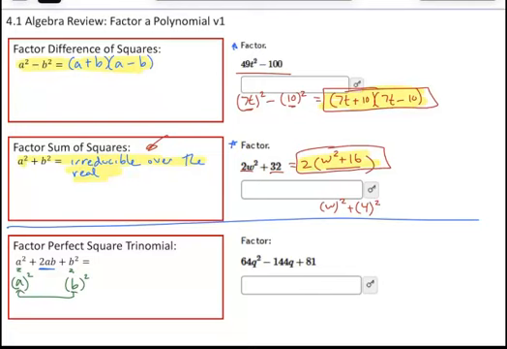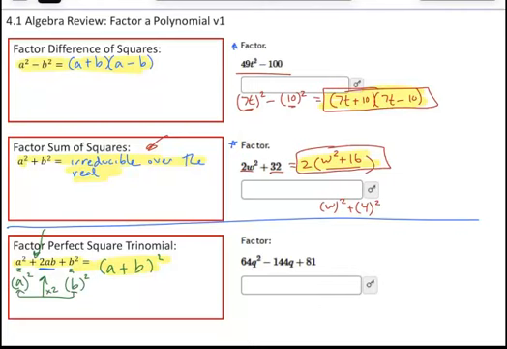If you take that product and double it, do you get this middle term? So a times b doubled is 2ab. If it fits this pattern, then you have a binomial square. The binomial square would be a, b, and the sign between would be whatever the sign is of the middle term. So this would be your factor pattern if you recognize a perfect square trinomial.